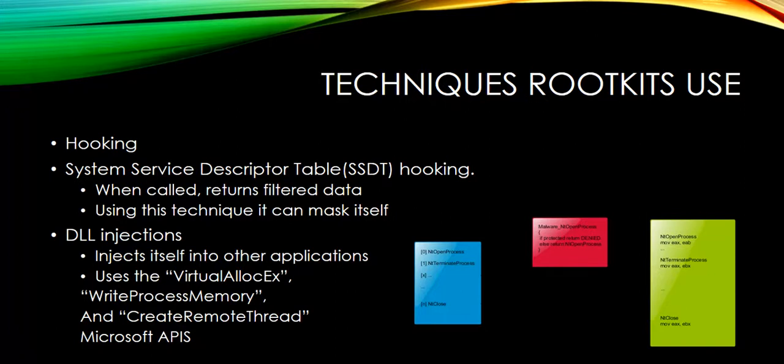Finally, the allocated DLL code is called and run by using the CreateRemoteThread API. Then when this process happens, they can manipulate the data the user sees or run other files or code. This allows it to go undetected from antiviruses, making rootkits extremely hard to detect or remove.